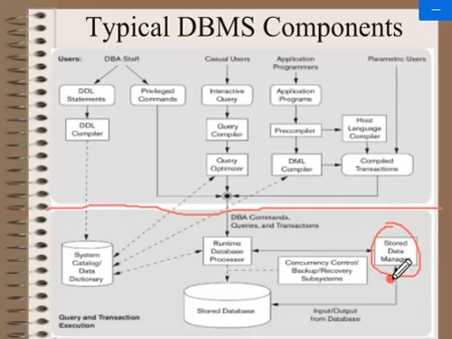The stored data manager manages the access to the DBMS data stored on the disk, whether it is part of the database or the catalog. So it controls the data access for both the catalog and the primary database.